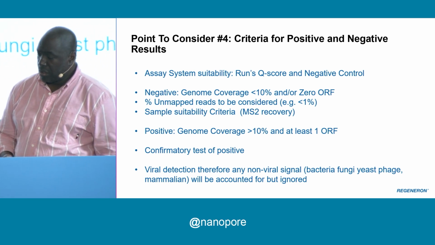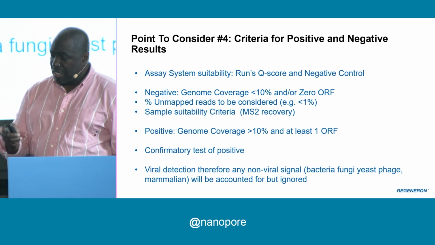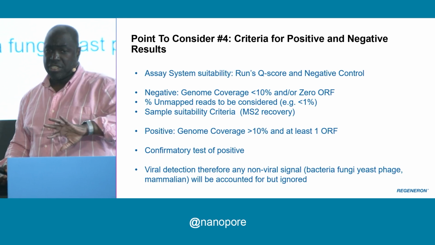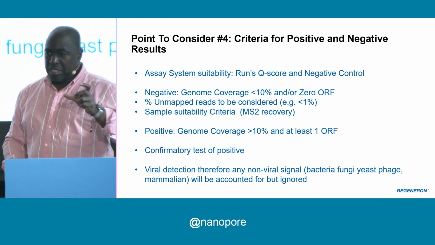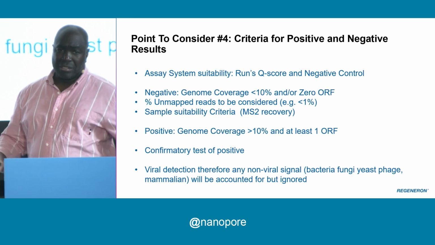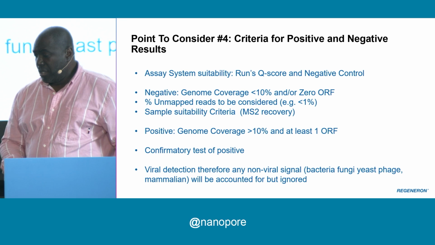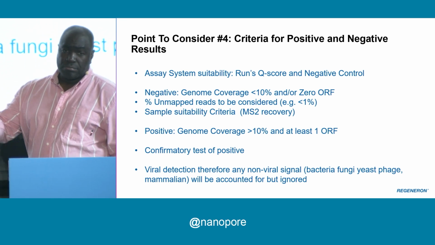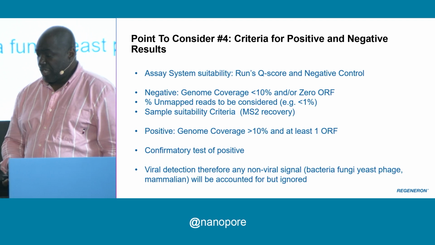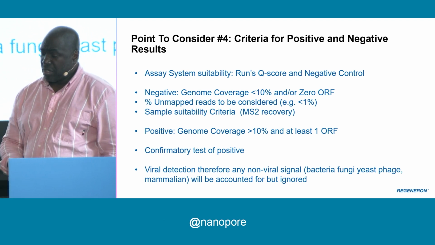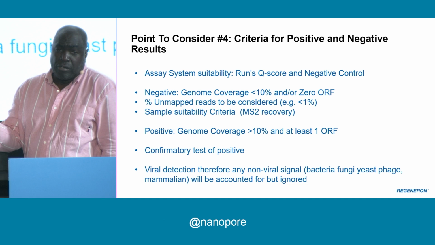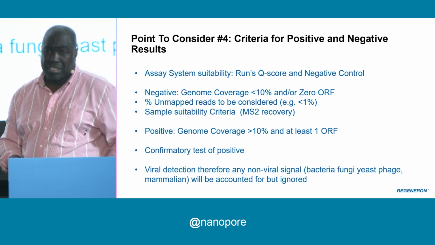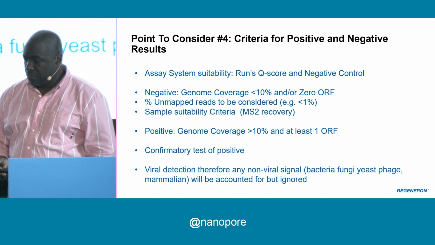Here, a negative sample is defined as reads where the coverage is below 10%. Really, 10% is nothing. If you have a small genome virus like parvo, you're going to have about 4 kb as the size of the genome. So 10% of that, we're talking about 400 base pairs. It's really no big deal.